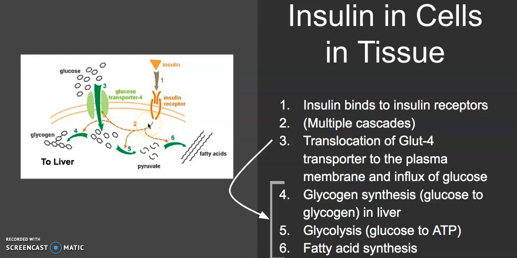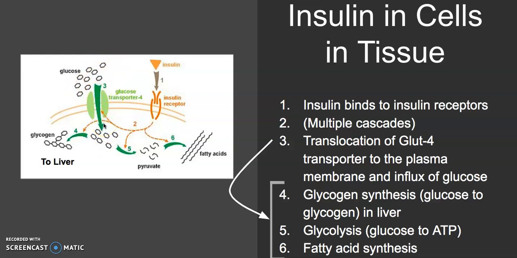And the first thing it's going to do once it gets in is allow all of this glucose, all of this sugar from the blood, into this cell.